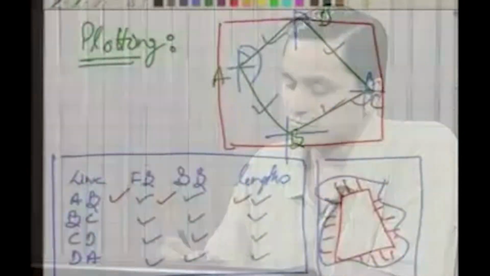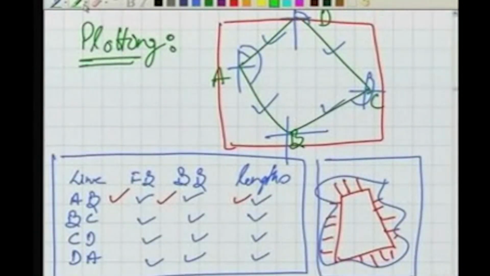Now here in this traverse, if some of the points, for example, let us say point B, had local attraction, then for line AB and line BC, the difference of back bearing and fore bearing will not be 180.